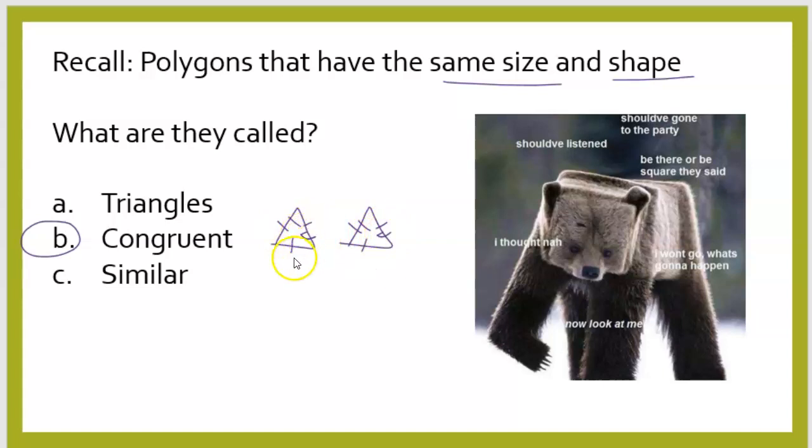Hold on, I can do better. Watch. What? My pen just literally drew the wrong way. You guys. All right, so all the angles are equal and all the sides are equal.